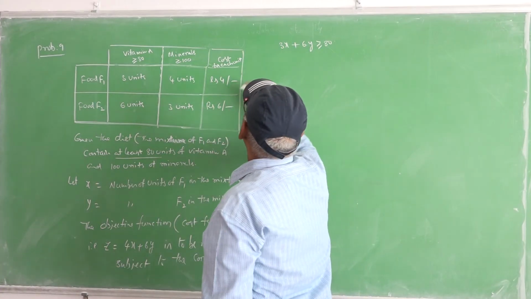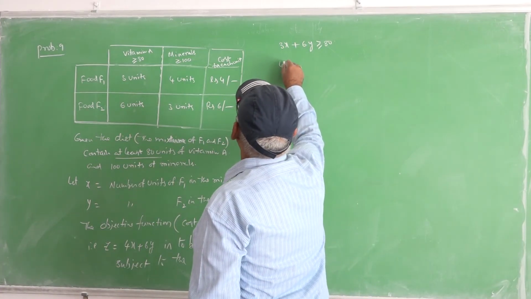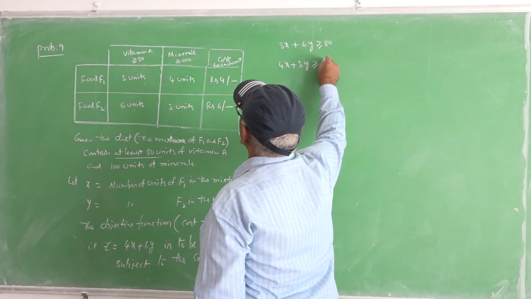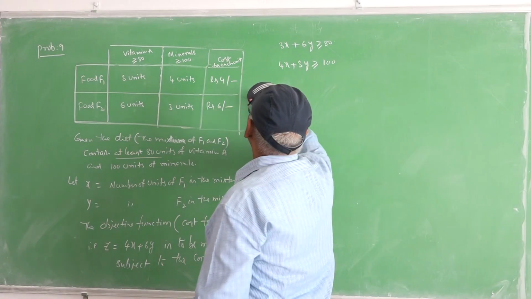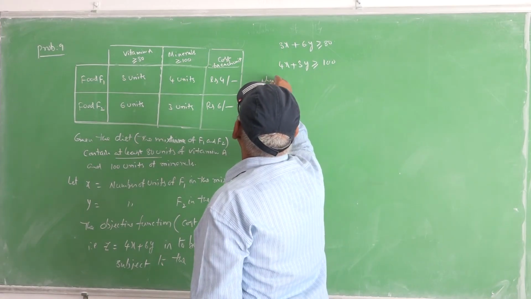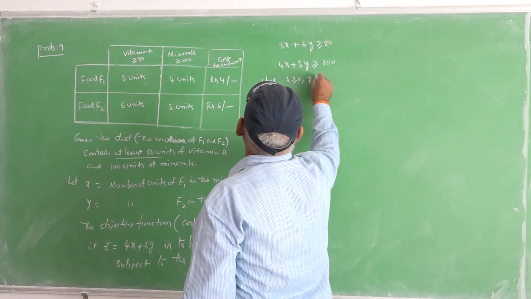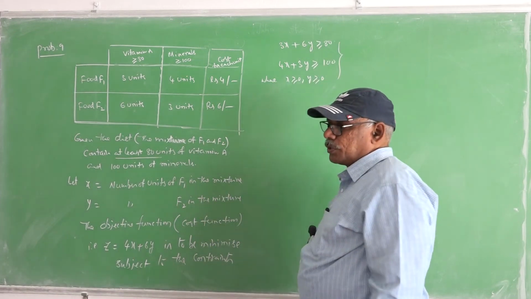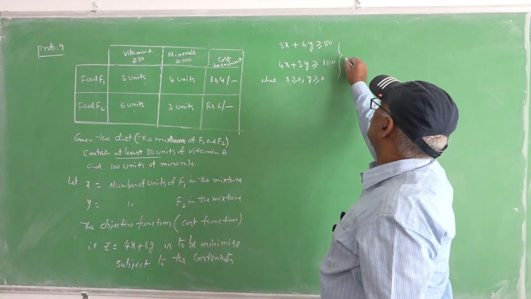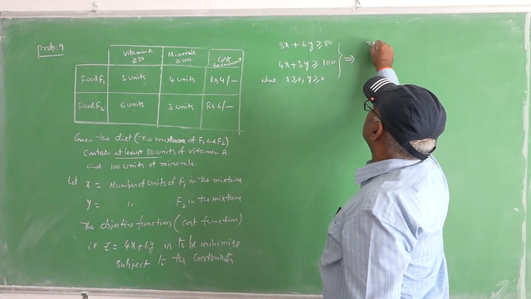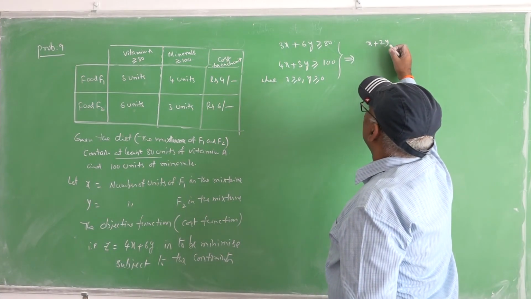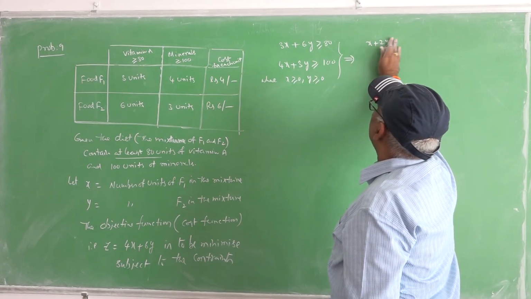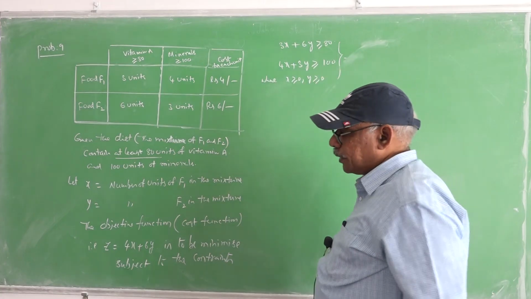Similarly, coming to the minerals, we get another one, 4x plus 3y is greater than or equal to 100, where x is greater than or equal to 0 and y is greater than or equal to 0. These are the constraints. Which gives us x plus 2y is of course greater than or equal to 80 by 3.